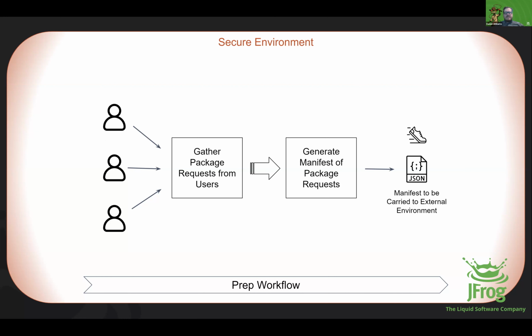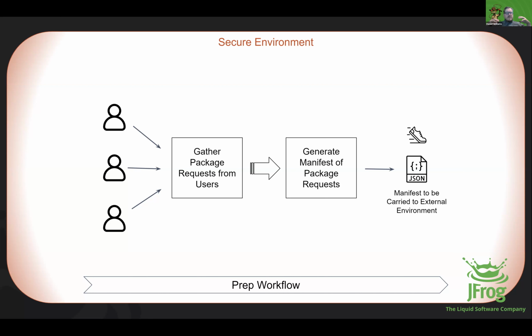However, in talking to customers working through this, most of our customers that have worked on this type of workflow end up using some other system of record. An example would be ServiceNow or Jira, something that meets their ISO or other regulatory compliance. So for this, I'm actually going to start the demonstration at the manifest to be carried.